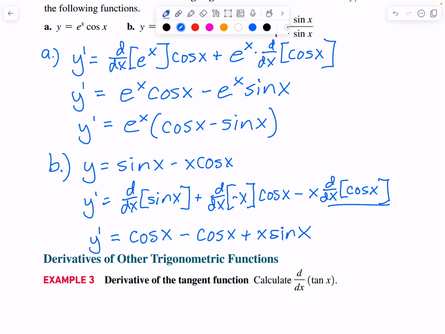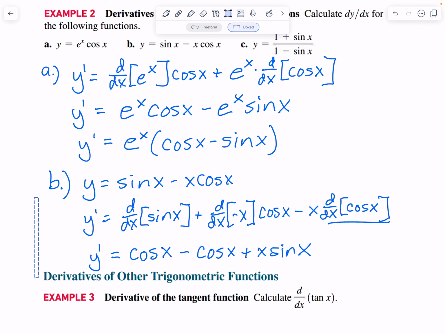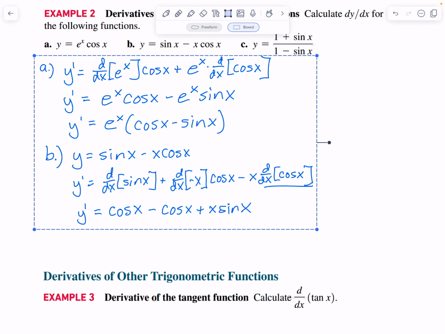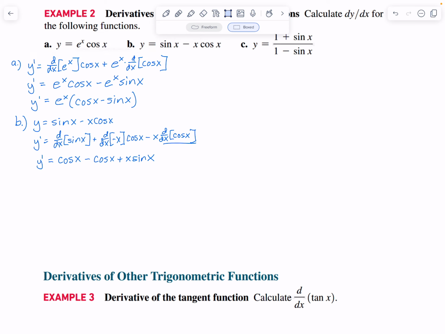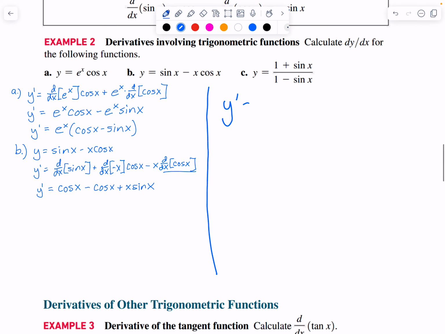We got to do one more. I'm going to shrink this up and just move it to the side because it's going to require a lot more space than I have here. I hope that's still visible. Wow. All right, so let's try this one. This requires the quotient rule. So it's going to be low, so 1 minus sine x, d high, so d/dx of 1 plus sine x, minus high d low, or yeah, low d high minus high d low.